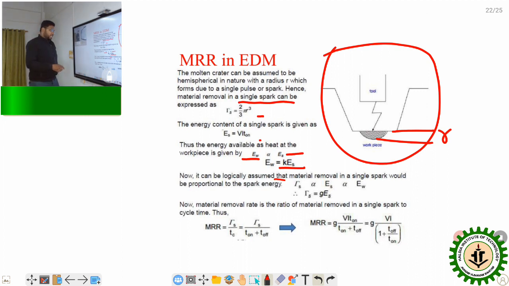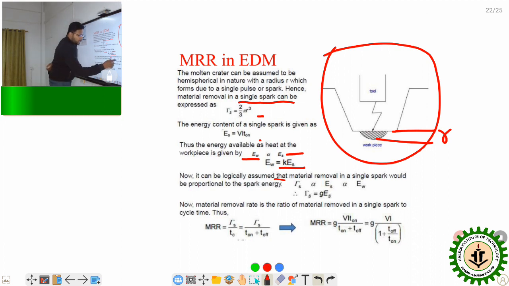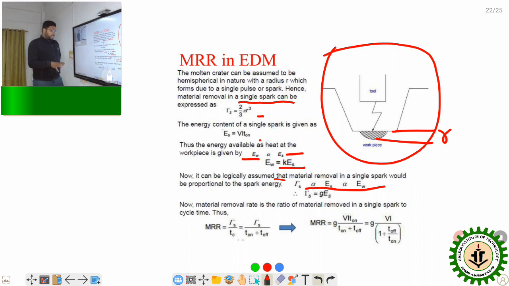From that we can logically assume that the material removal in a single spark, tau S, is directly proportional to ES, which is directly proportional to EW, where tau S equals G into ES. So now the material removal rate is the total material removal tau S divided by the total time, not the T on.